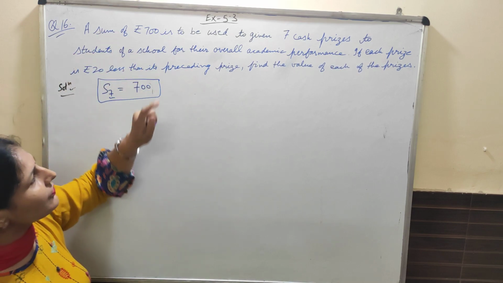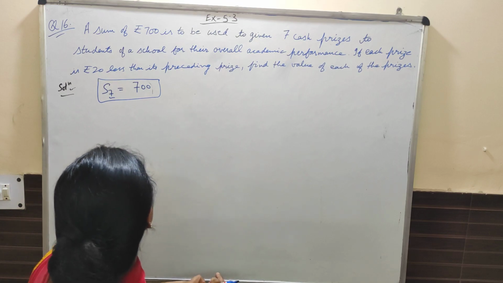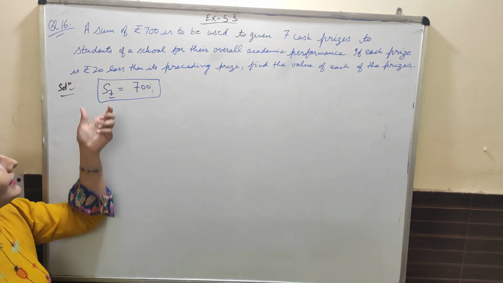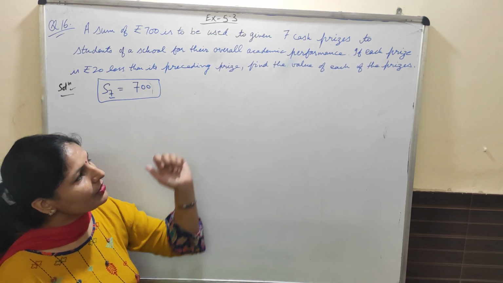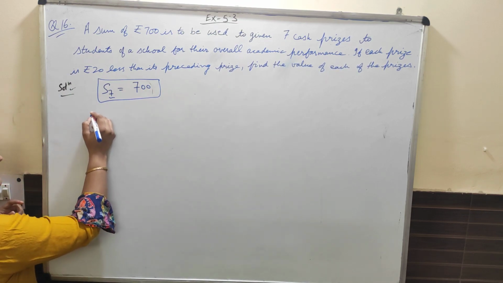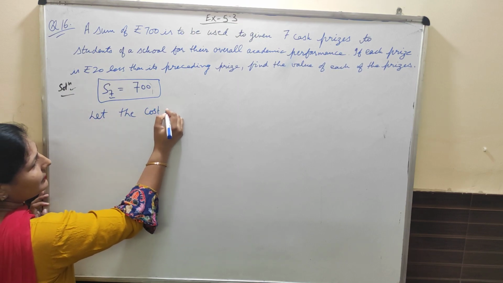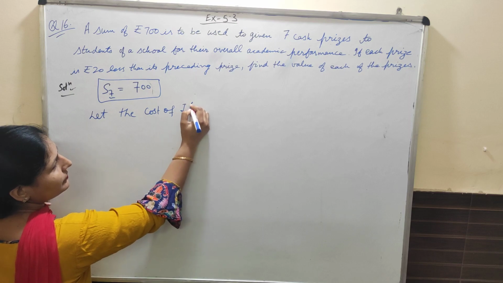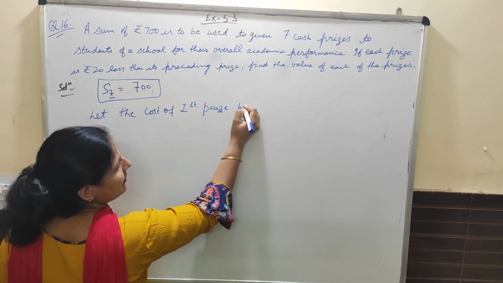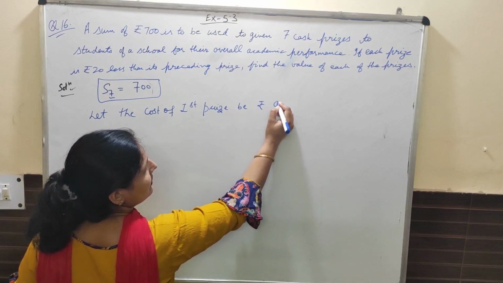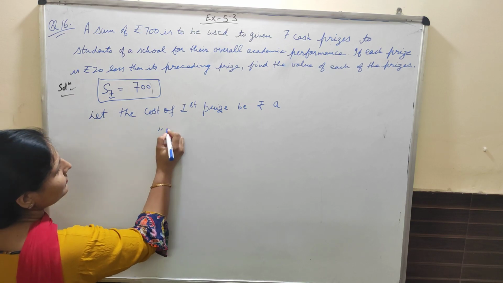Students of a school, for their overall academic performance, if each prize is rupees 20 less than its preceding prize, find the value of each of the prizes. Let the cost of the first prize be rupees a. Then the cost of the second prize क्या हो जाएगा?